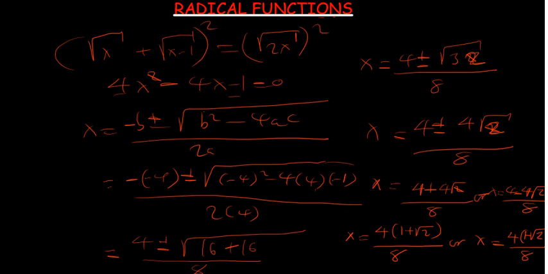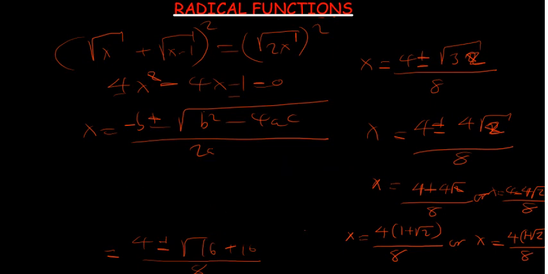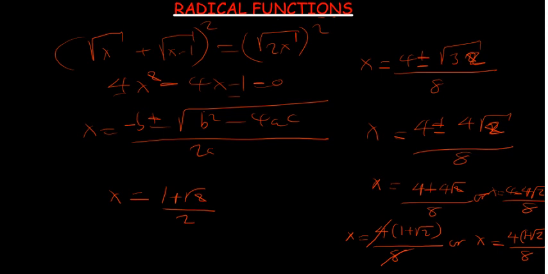So at this point we can just reduce. So that means our x is equal to, 4 into 4 is 1, 4 into 8 is 2. So that is 1 plus root 2 over 2, or x is equal to 1 minus root 2 over 2. So those are the two x values which we can have.